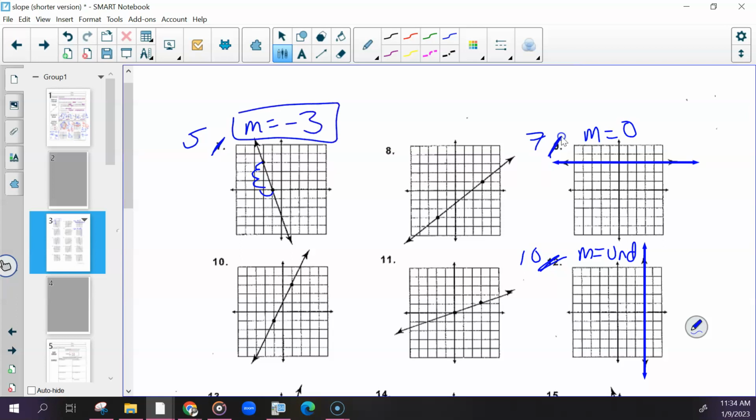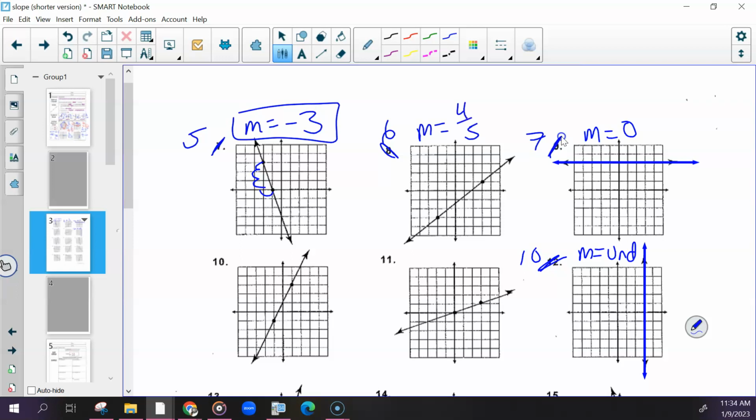Okay, and then find the slope of number 6. Positive 4 over 5.